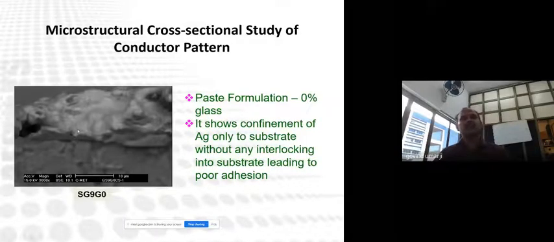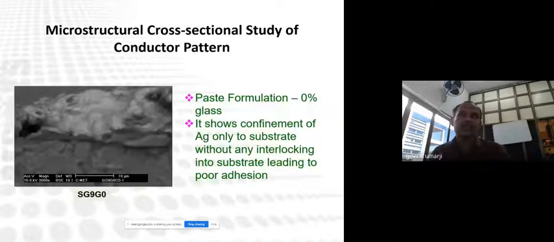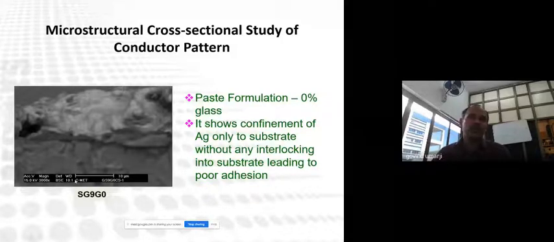In order to study how the adhesion took place with the substrate, we studied the cross section. In 0% glass, it shows confinement of the Ag at the surface only. This area is your alumina substrate and the top is your silver. So there is no interlocking mechanism observed, leading to poor adhesion to the substrate.